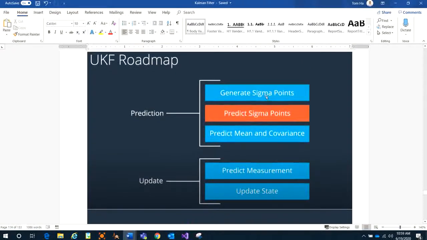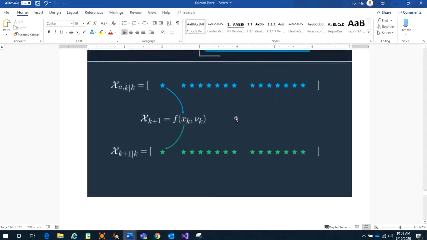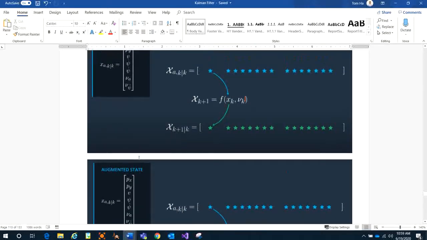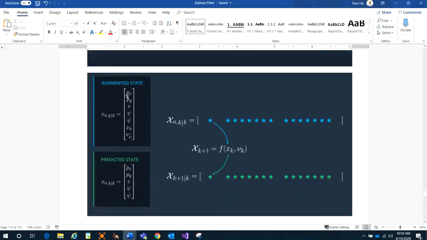After generating the augmented sigma points, you continue with the next step, predict the sigma points. We already have the augmented sigma point matrix right here. You pass it through the model and you get the predicted sigma points at time k plus 1. And we already know the augmented state has 7 variables: px, py, v, yaw, yaw rate, and we add two more right here, the longitudinal acceleration and your angular acceleration.